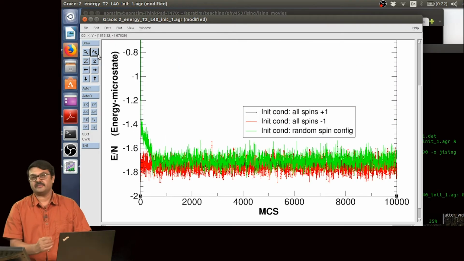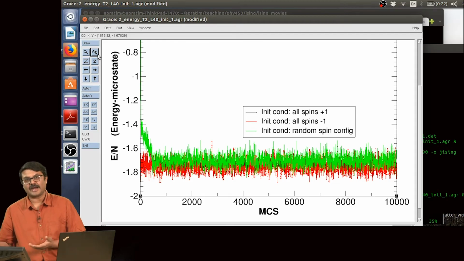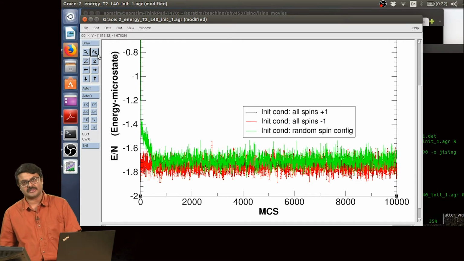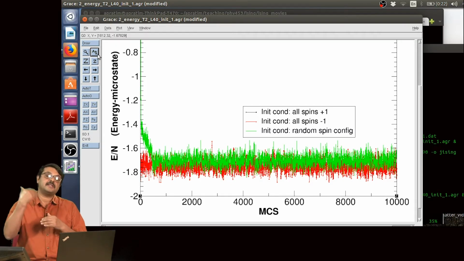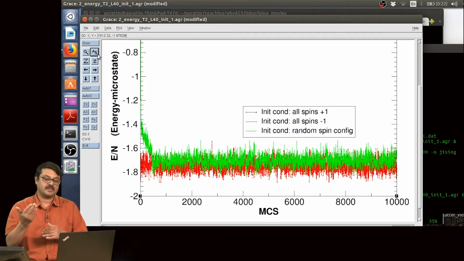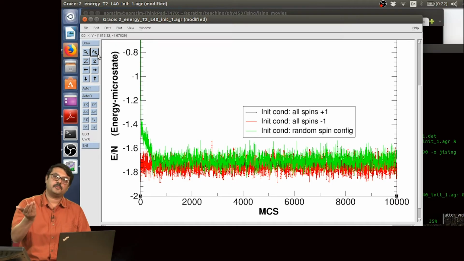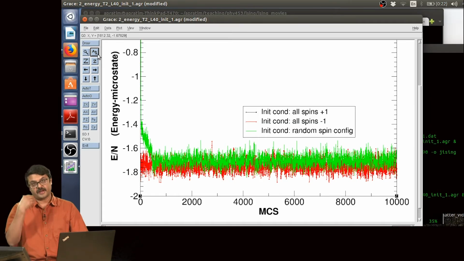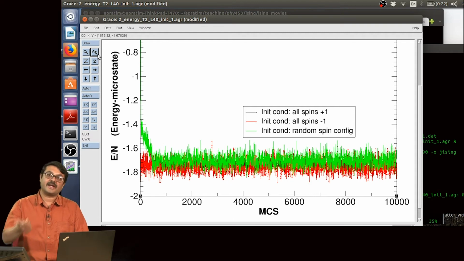The reason is basically whether you are starting from +1 or -1, all spins up, you are generating the same random number sequence. I did not change the random number seed. As a consequence, you are generating exactly the same sequence of random numbers. In the first case, where all spins were pointing up, there were a few trial spin flips which were accepted to become -1.